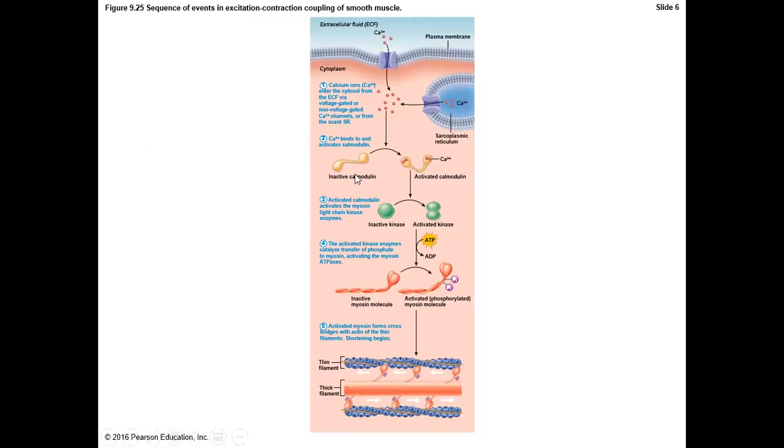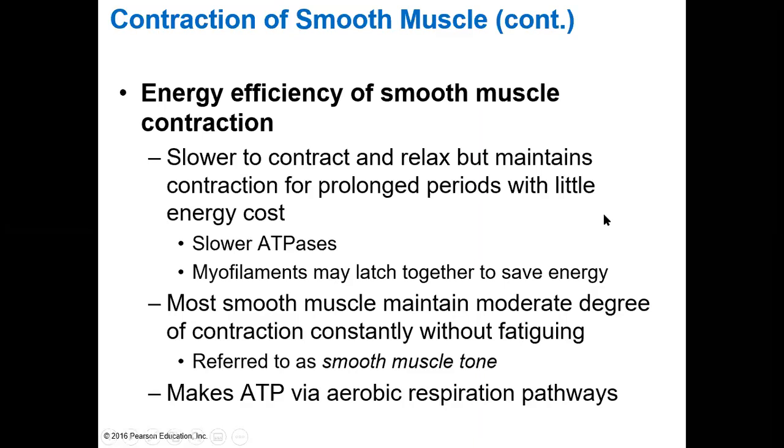The calcium binds to calmodulin. The activated calmodulin activates the myosin kinase enzymes. The activated kinase enzymes catalyze transfer of a phosphate, activating the myosin ATPase. See, I don't really need you to know this. And then we do the thin and thick filaments here with the cross-bridge sliding formation.